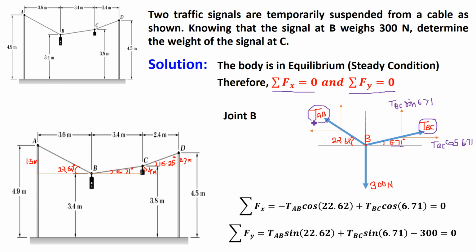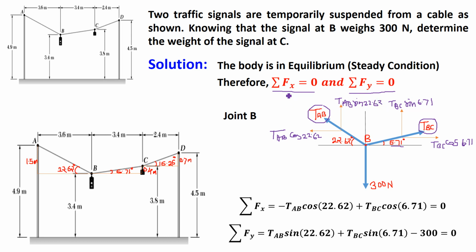Now tension AB is in the second quadrant, so x will be minus tension AB cos of 22.62, and this is tension AB sine of 22.62. Okay, so this is resolving the inclined forces.